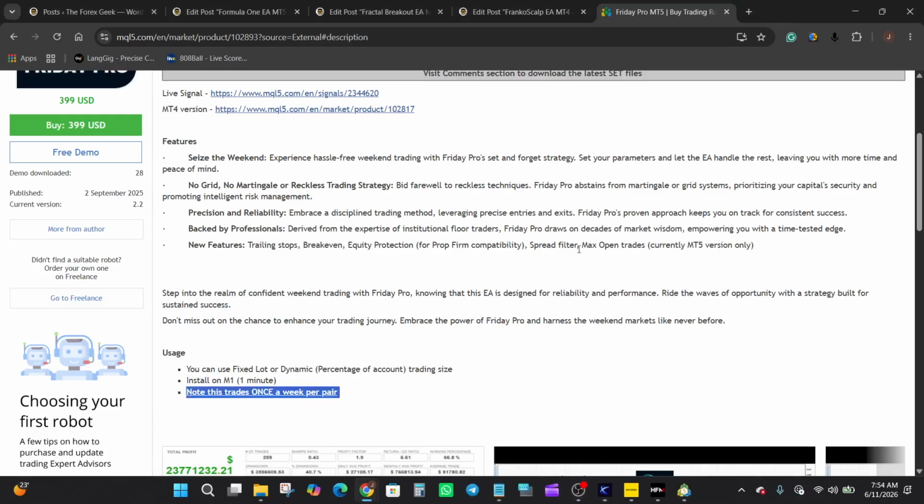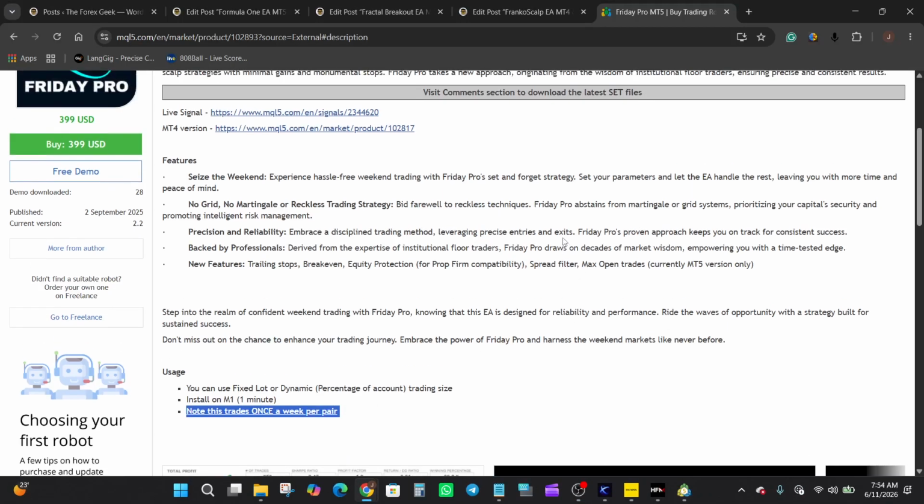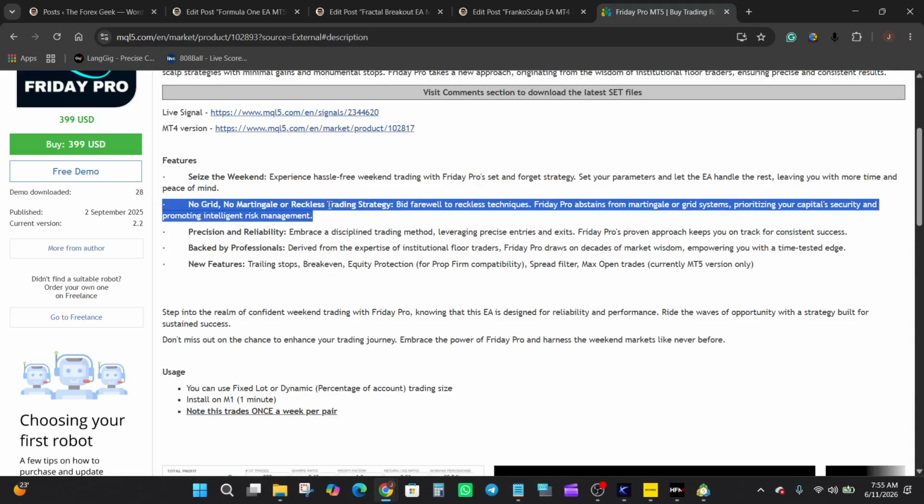Now, looking at the features section, the developer specifically states that Friday Pro does not use grid systems, martingale techniques, or what they describe as reckless trading methods. Instead, the focus is on disciplined trade management and structured execution.